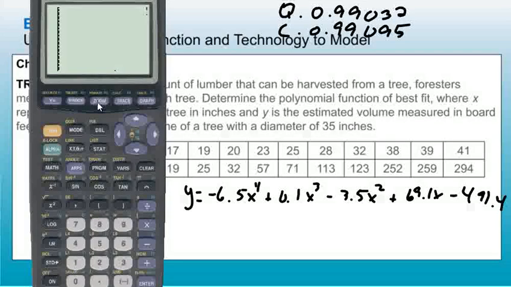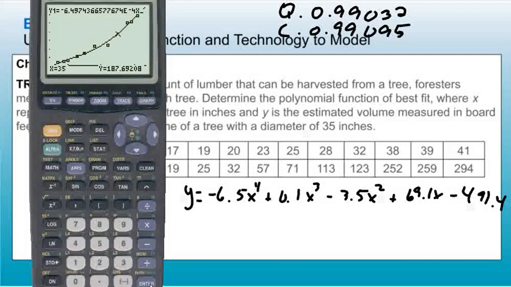Let me hit zoom number 9. There we go. If you don't see the points right away, just hit zoom stat number 9. There we go, and then we go to second trace, value. So number 1, and this would be 35, diameter is 35, hit enter. That would give us 187.69.